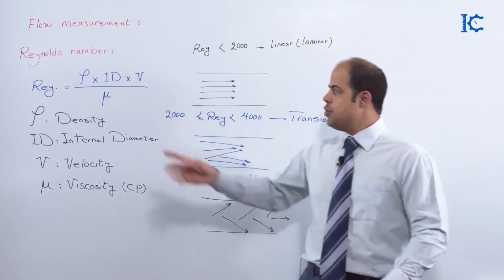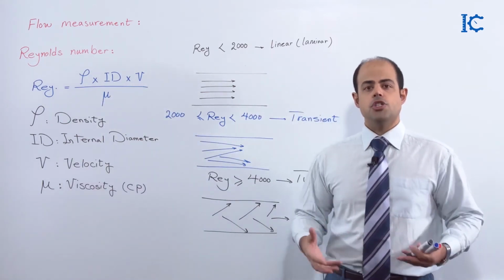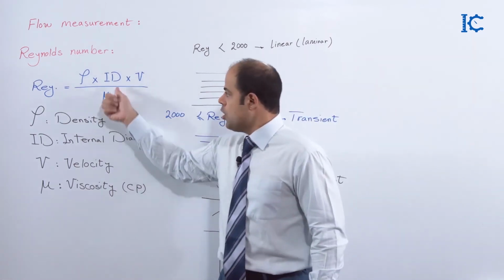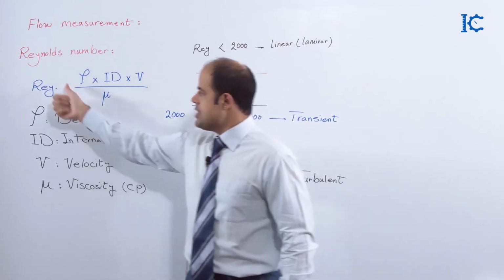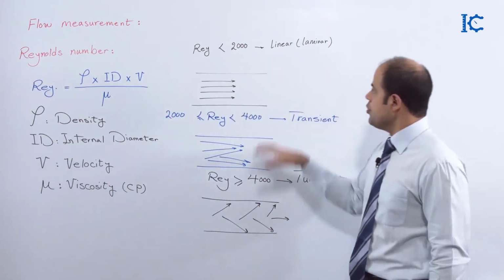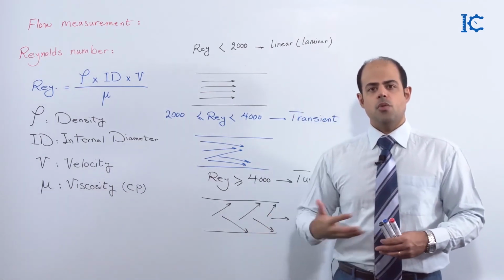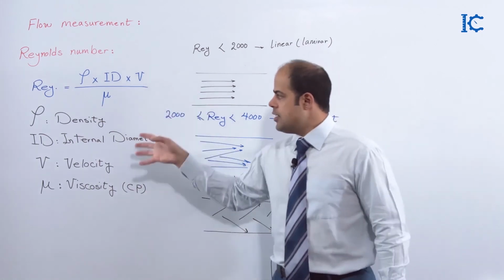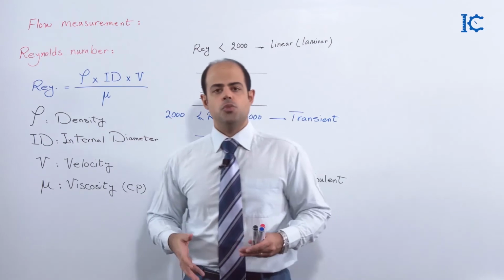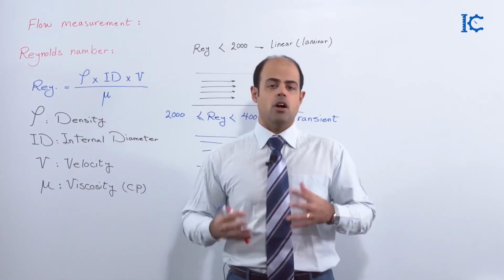For sure, due to the high viscosity, the amount of turbulence is going to be less, because the more viscosity you have, the lower the Reynolds number, and in this case we can reach, for example, a linear condition. So based on those examples, I wanted to clarify what this item is and why we should consider it in our design and equations.